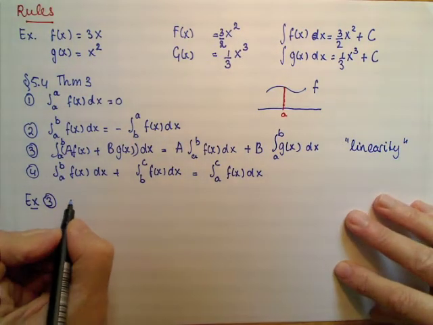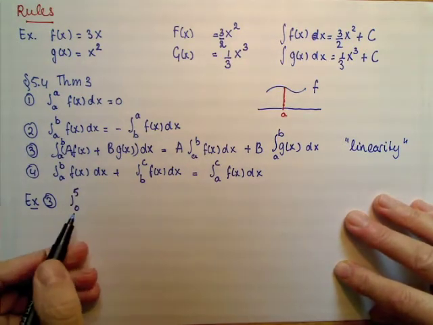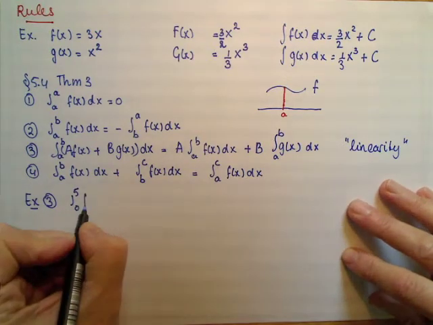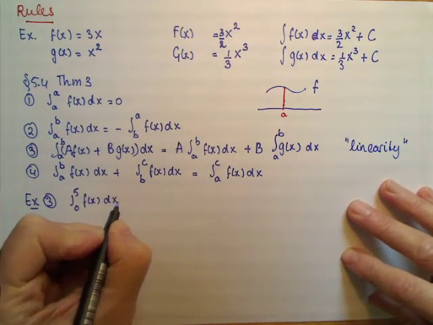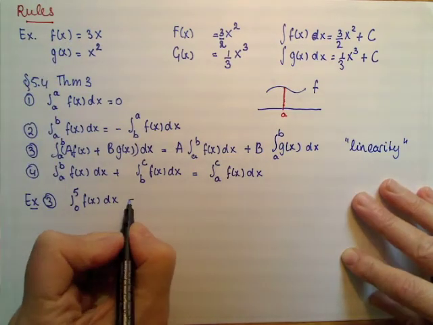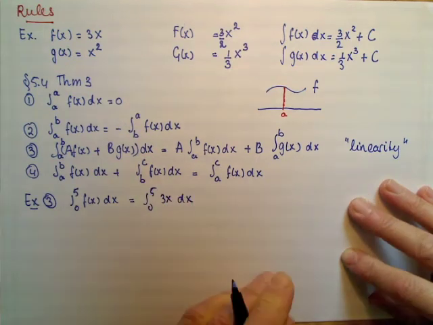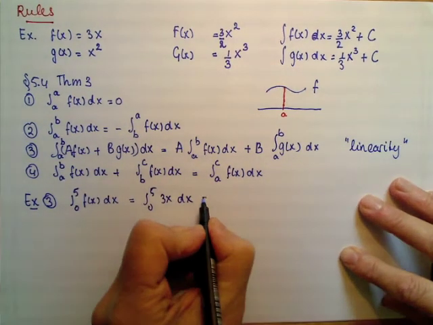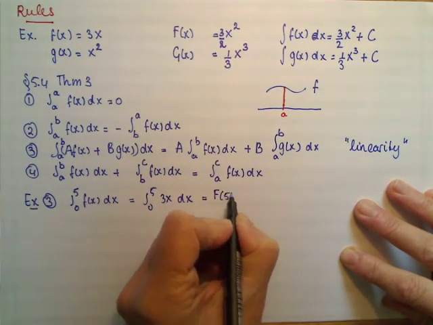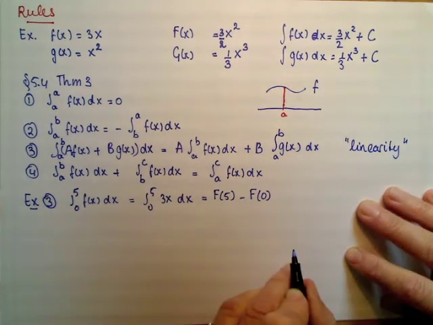To this end, we first have to compute, say, the integral from 0 to 5, if we choose our points a and b equal to 0 and 5, of our function f of x dx. Now, our example function little f of x was 3x, so we get the integral from 0 to 5 of our function 3x. This is equal to the function value of the primitive at 5 minus this function value at 0.